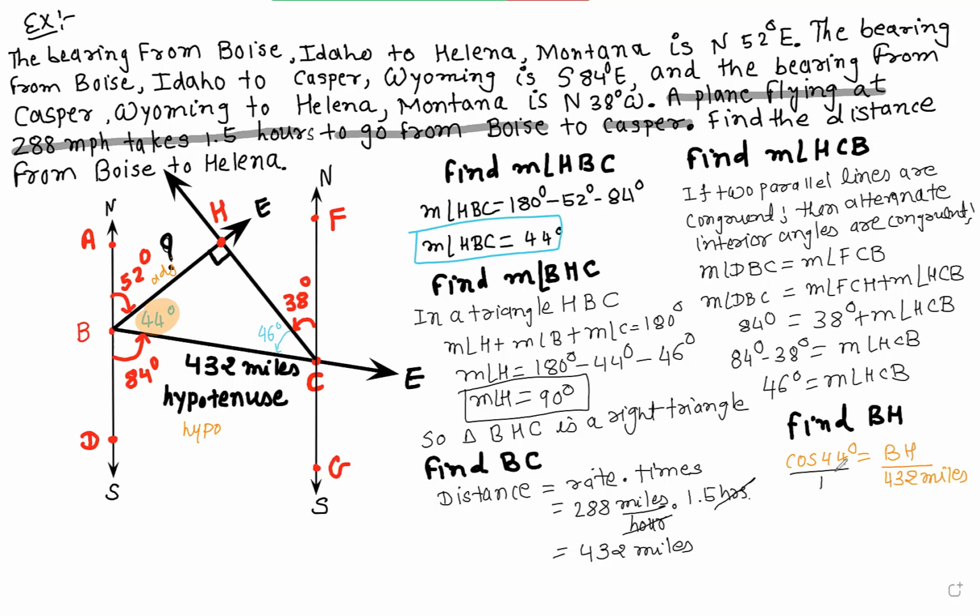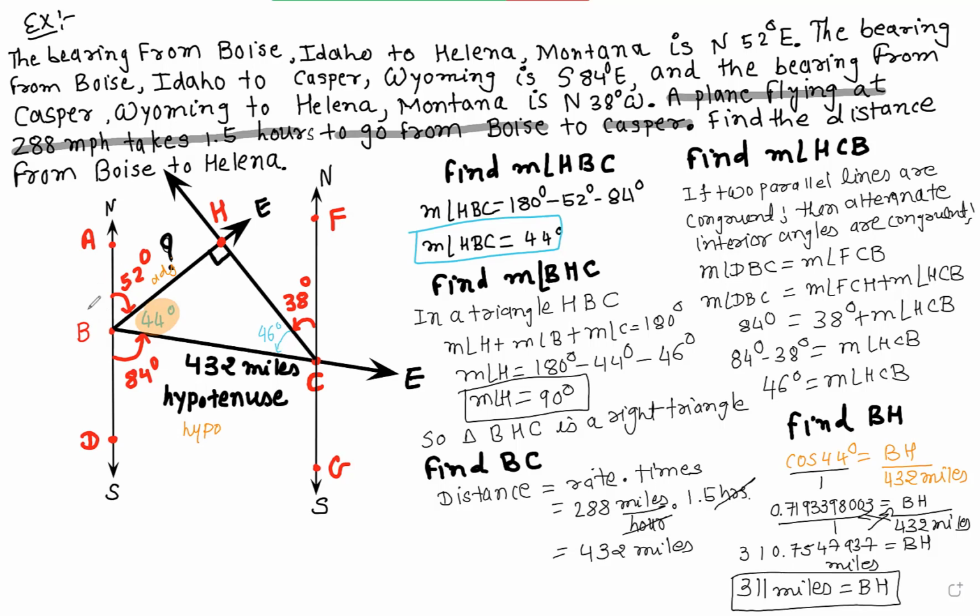Cosine 44 degrees using your calculator is 0.7193398003, equals BH over 432 miles. Cross multiply, so that will give you 310.7547937, and the unit will be miles. If you round this distance to 3 significant digits, your answer will be 311 miles. That will be the distance from Boise, Idaho to Helena, Montana.